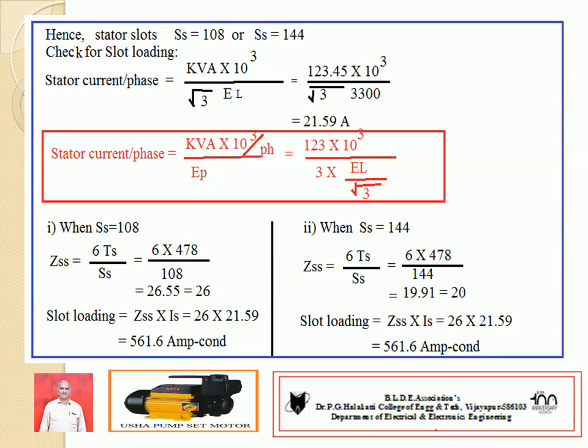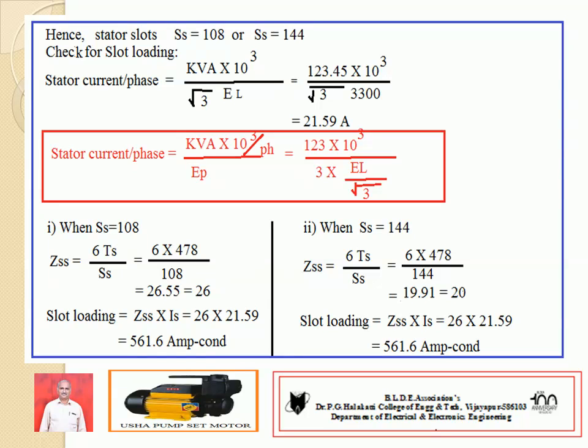Before that, you calculate the stator current. Stator current per phase equal to KVA rating into 10 to the power of 3 divided by root 3 times EL. You can use this expression or you can use a very simple one: stator current per phase equal to KVA rating in volt ampere per phase divided by phase voltage.